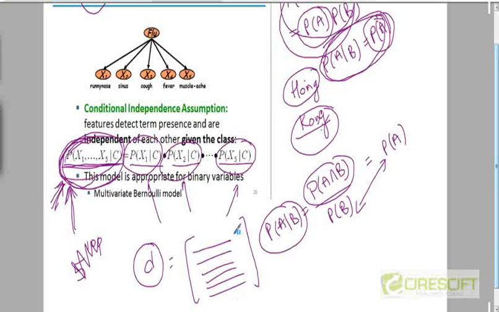Do you think you will find each of these 1,000 words occurring together in any of those documents? It's very, very unlikely, right? Unless you already have this document D itself present in your training data. But in that case, that's not good, because your test data should be different from the training data.